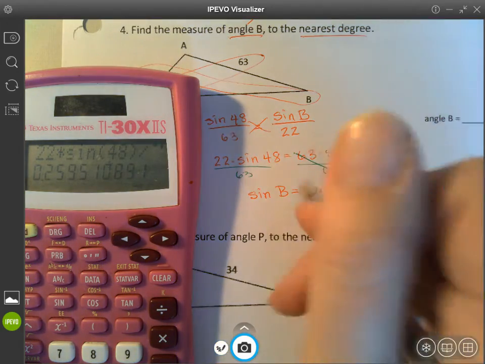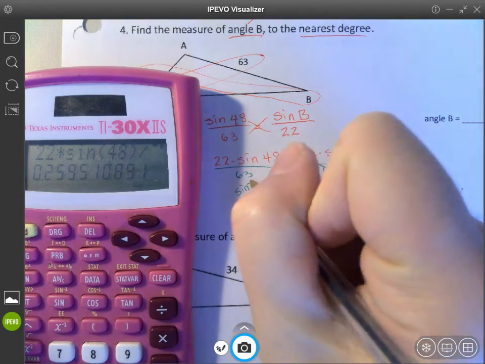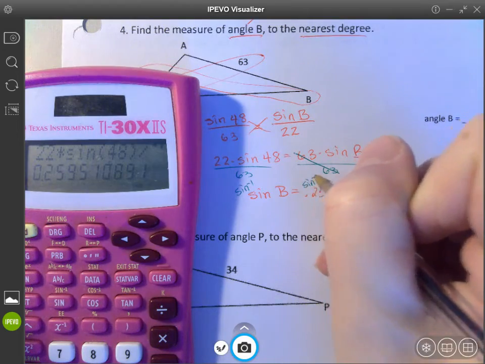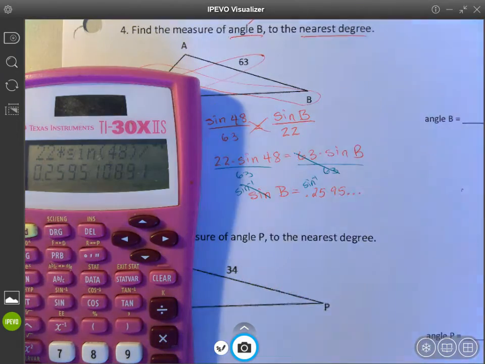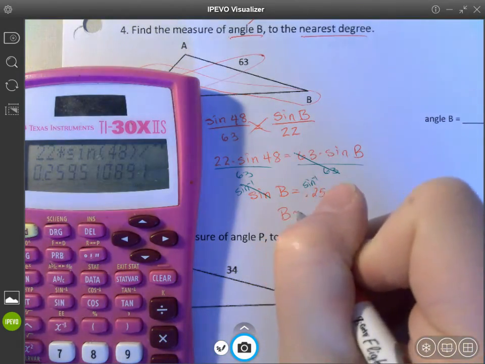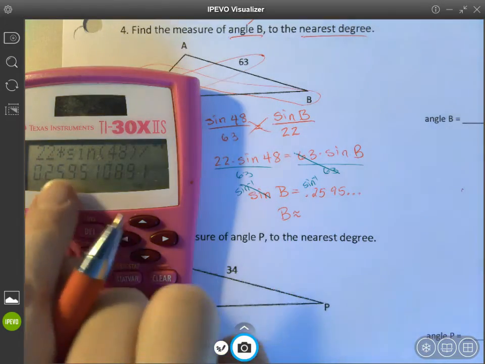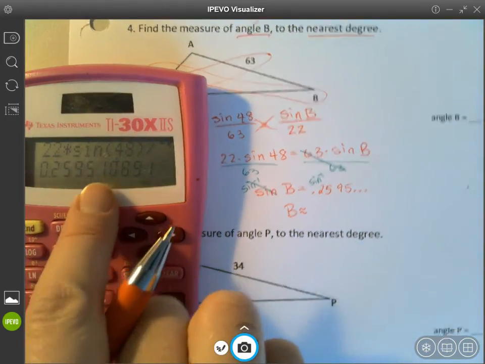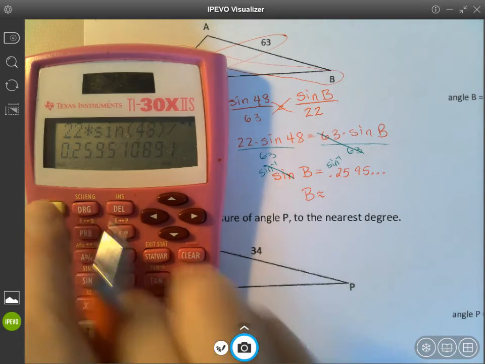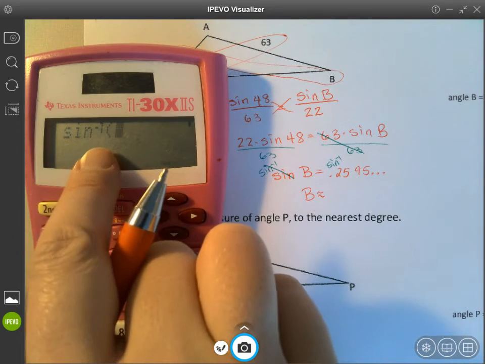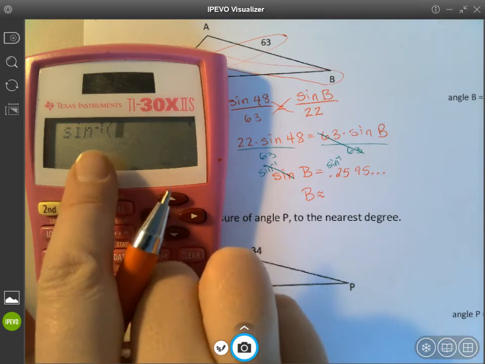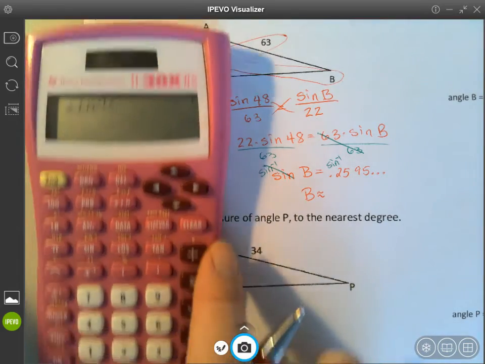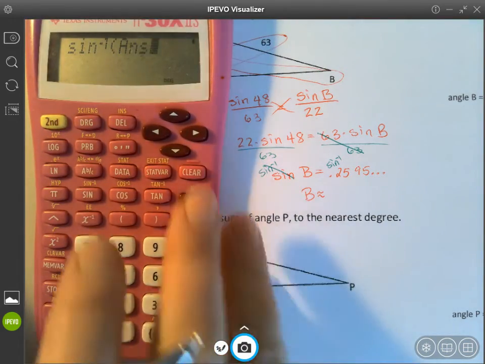Well, I know to get B by itself, I'm going to take the inverse. So that cancels. I will get B, and instead of retyping this number in, I'm going to hit my inverse. So find your inverse with little negative 1. And then instead of retyping my number, I hit second and my little negative sign, and that has answer.